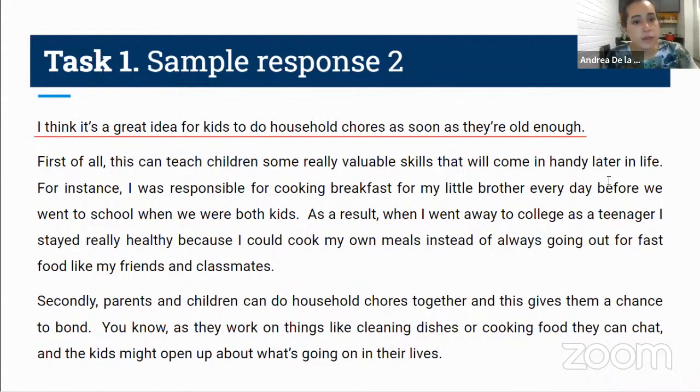The question was, do you think it's a good idea for children to help their parents with household chores as soon as they're old enough? And in the first sentence, the speaker is directly answering the question and saying, yes, I think it's a great idea for kids to do household chores and so forth. So that answer to the question is the introduction of his response. He's introducing his response by answering the question.